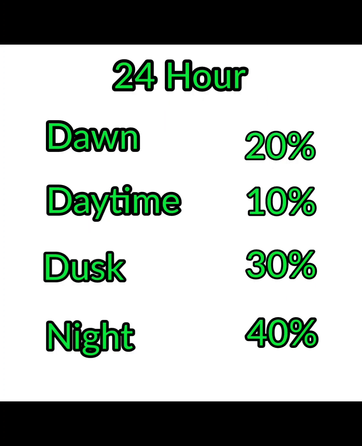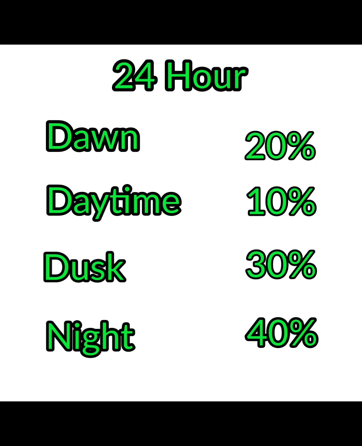The 24-hour day, 20% of all those sightings and incidences that I went over happened at dawn. 10% happened at midday or daytime. 30% happened at dusk.